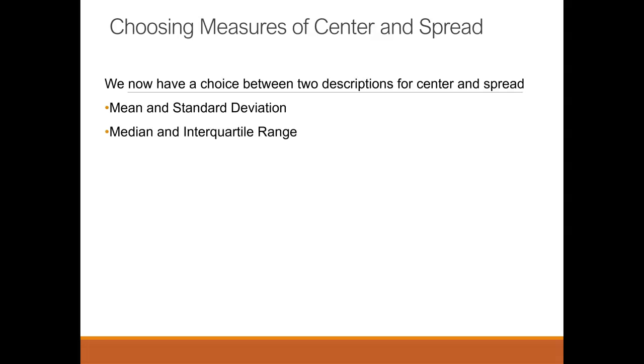So the same rules that applied for mean and medians, when to use them, apply for standard deviation and interquartile range on when to use them. So again, mean for symmetric distributions. So standard deviation, great also for symmetric distribution. Median, good for skewed distribution. So IQR is also good on skewed distributions.